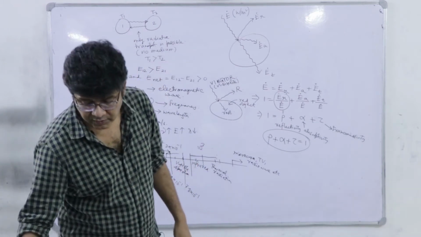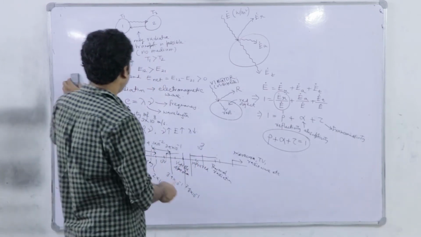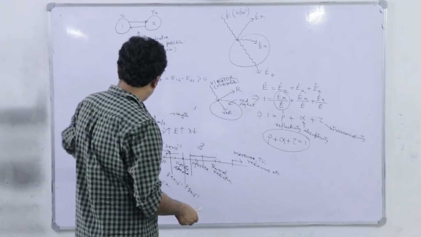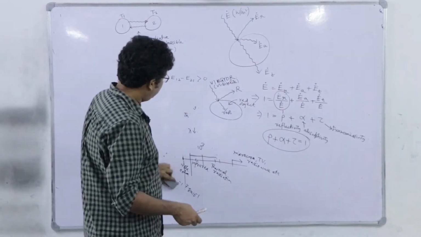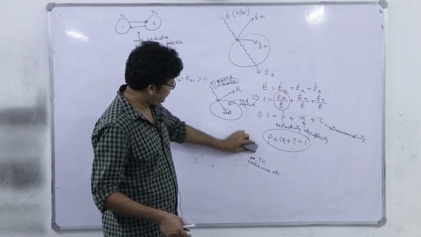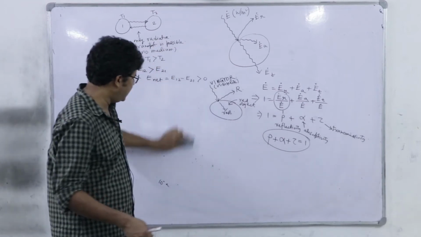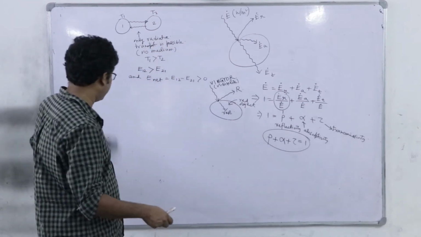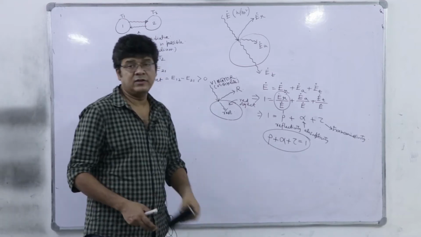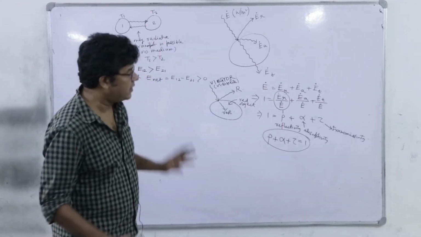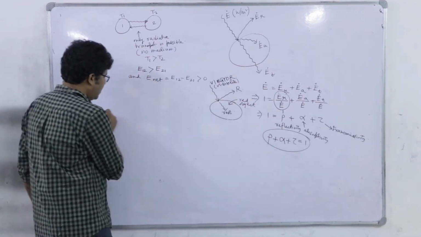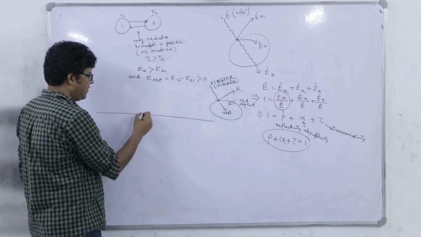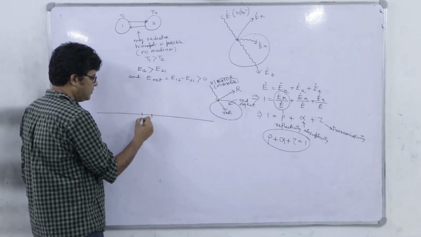Now, if I extend this idea to introduce a theoretical reference or ideal object in relation to its behavior to incident radiation, over this entire wavelength range, this is the visible range, right.